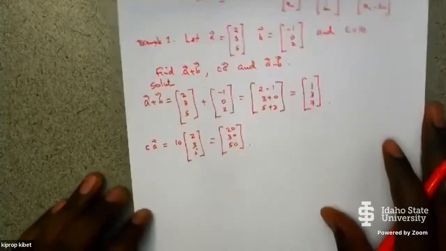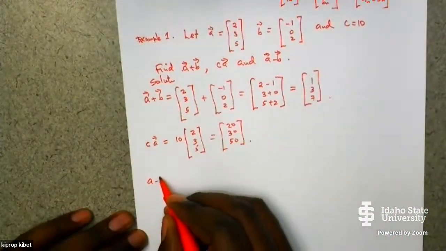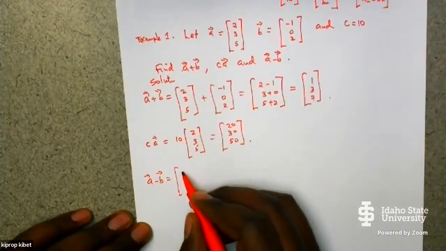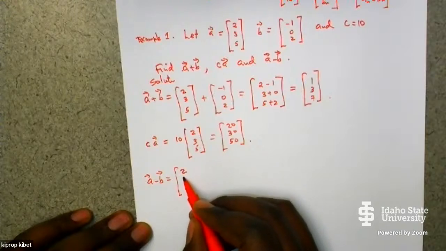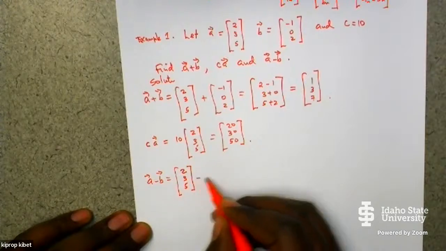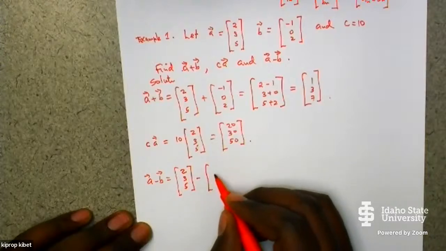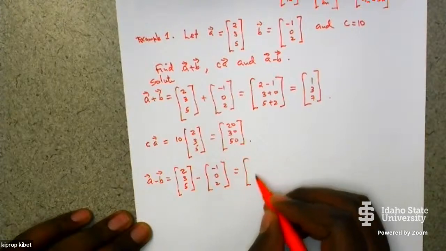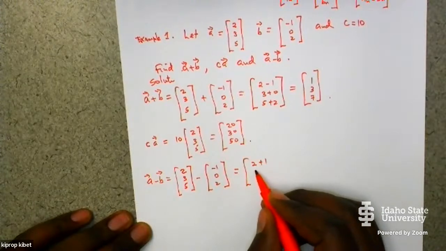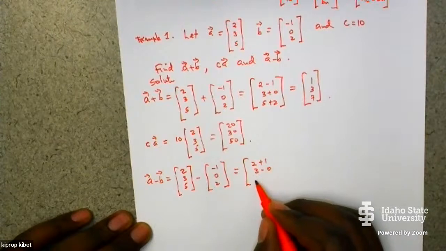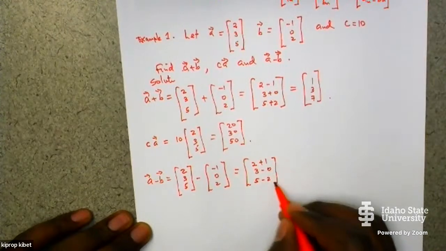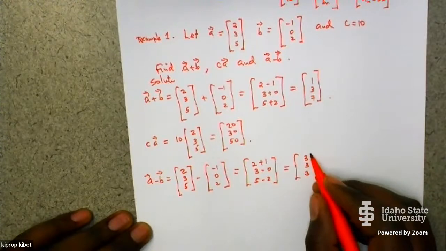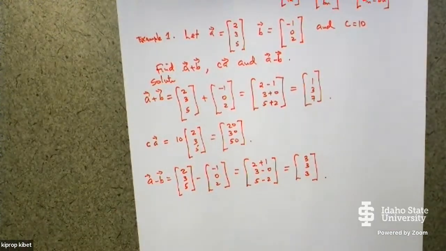Then finally, A minus B is (2, 3, 5) minus (-1, 0, 2), which is (2 plus 1, 3 minus 0, 5 minus 2), equal to (3, 3, 3).